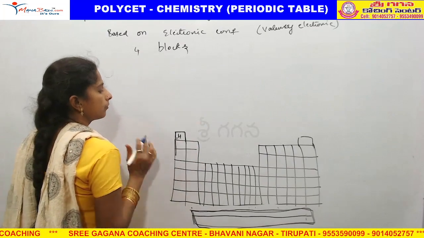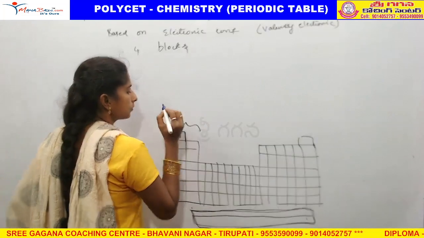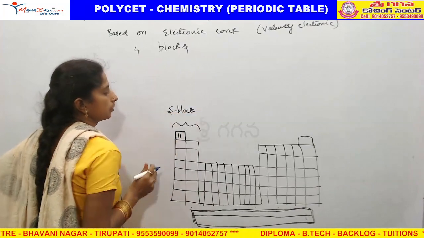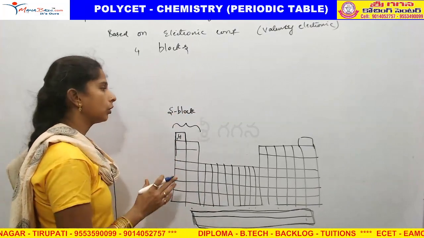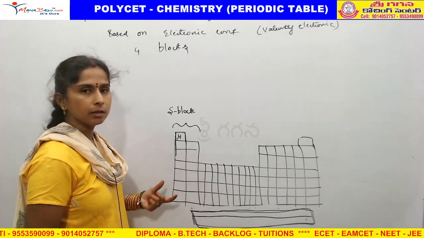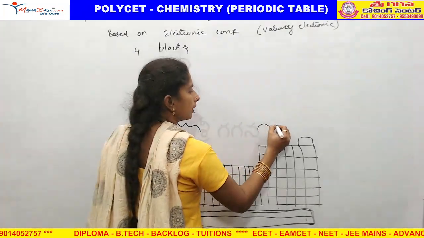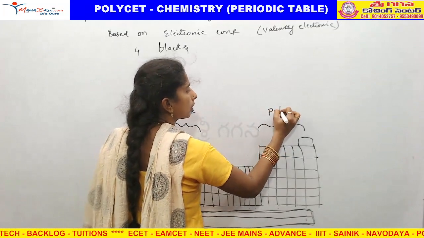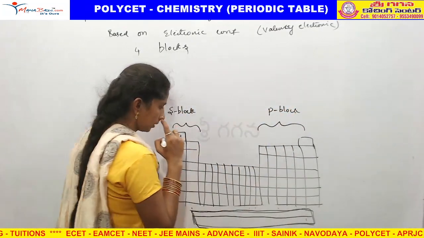In these first 2 groups, they are called S block elements, because their configuration belongs to the S block. What is that? We will discuss. And the last 6 groups belong to the P block elements.